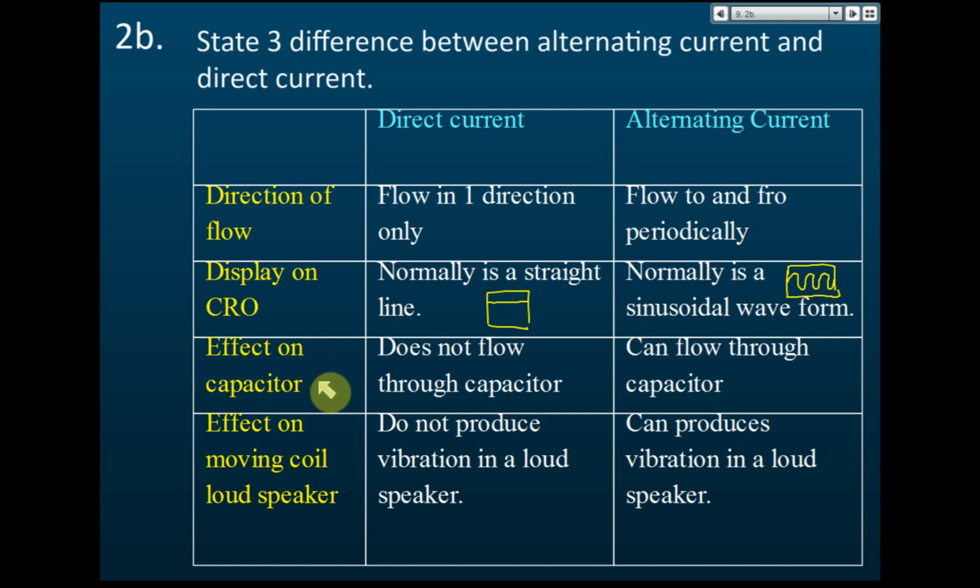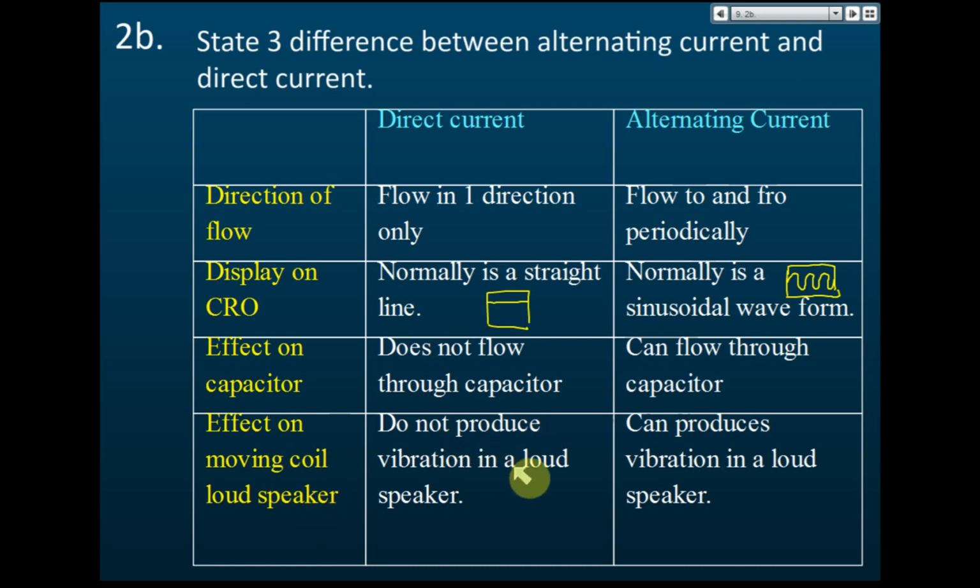And then the third thing is the effect on a capacitor. Direct current does not flow through a capacitor, but alternating current can flow through a capacitor. We will also discuss how a capacitor functions under electronics. And the last one is the effect on a moving coil loudspeaker.